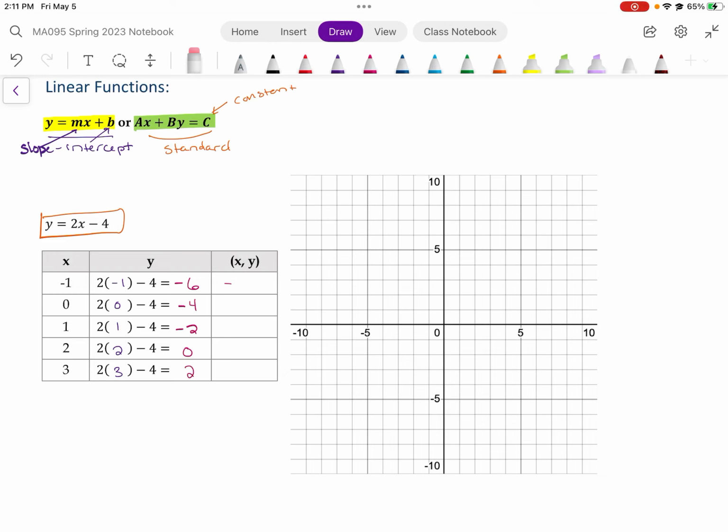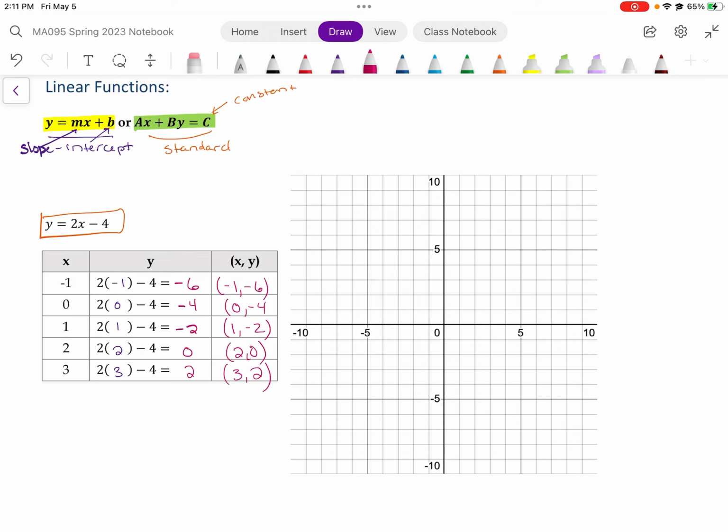So now each of these gives us a coordinate pair. We've got -1, -6; 0, -4; 1, -2; 2, 0; and 3, 2. All right, so we're going to plot each of these.